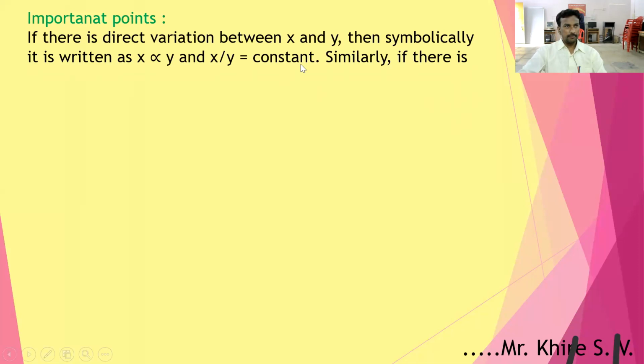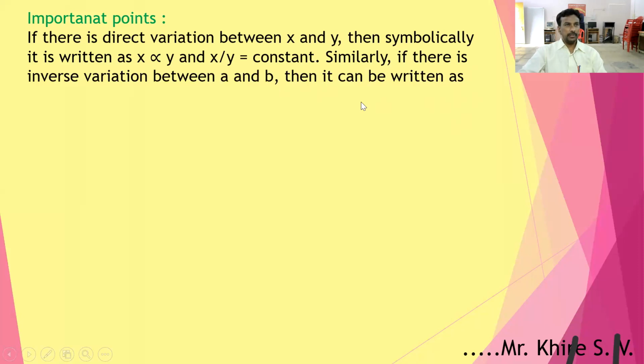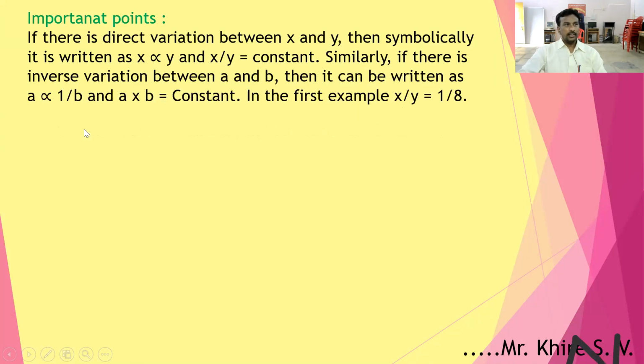Constant is k. Similarly, if there is inverse variation between A and B, then it can be written symbolically as A is proportional to 1 upon B, or A is inversely proportional to B, and A into B is equal to constant. Constant is k.